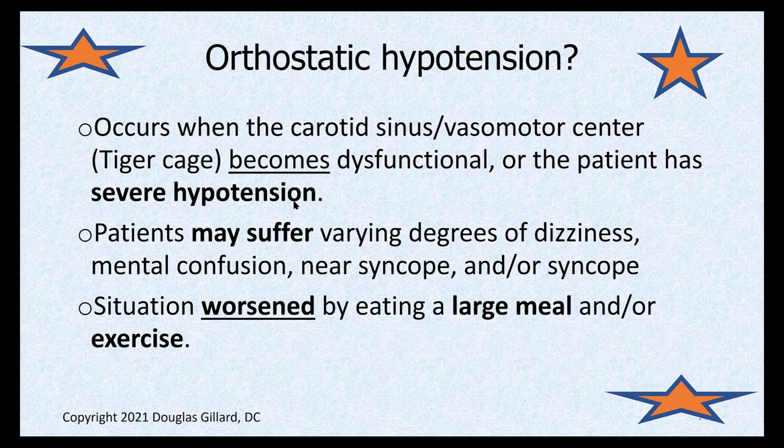Okay, so what's the story with this? There's many. You're not going to like it. You're not going to like orthostatic hypotension because there's many causes of it, and we'll list some of them here in a second. But basically, it occurs because the carotid sinus, the nerve of Hering and cranial nerve 9, for whatever reason, or the vasomotor center itself, that mechanism of sensing decreased blood pressure is broken.